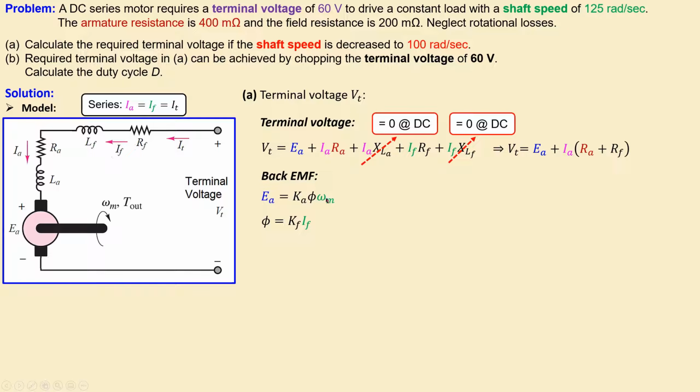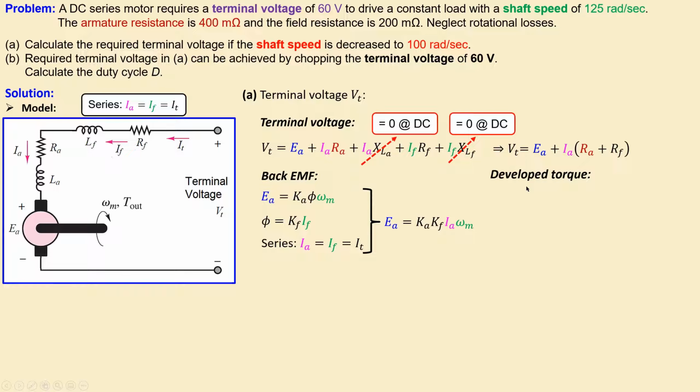Now if I also use the condition that this is a series DC motor, then the armature current is equal to the field current, also equal to the terminal current. Using this condition in the flux equation and the back EMF equation, we can set up the equation for the back EMF in this form, where we see the armature current directly. Okay, that will be used later on.